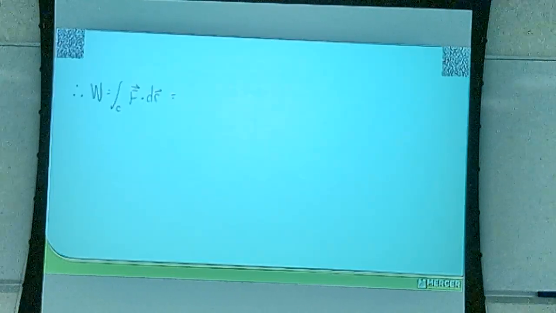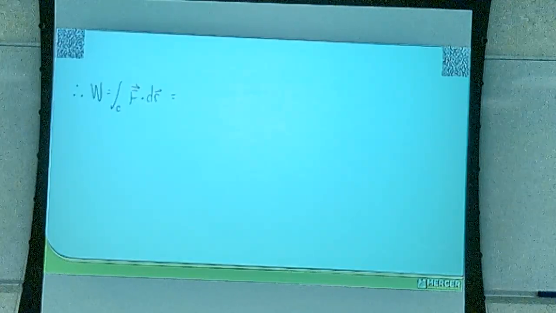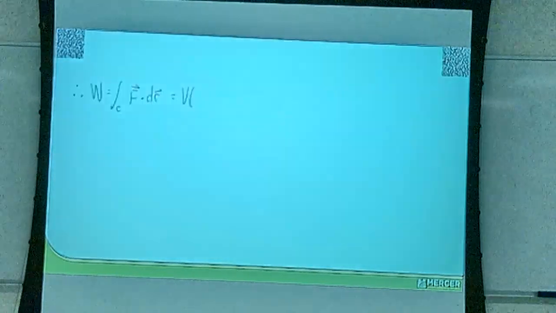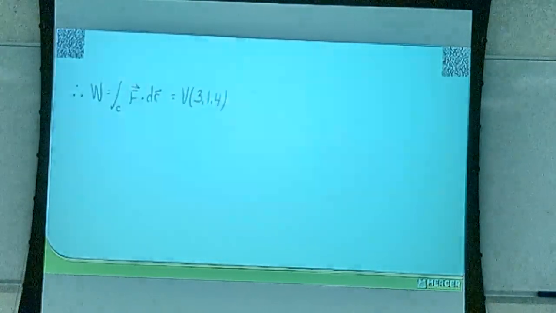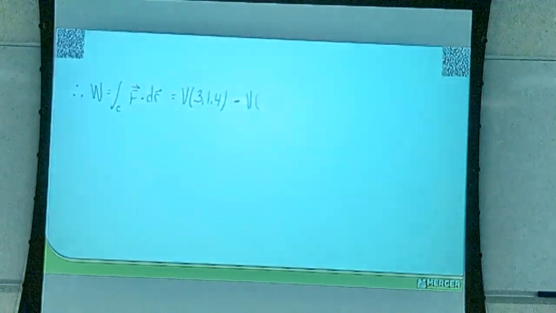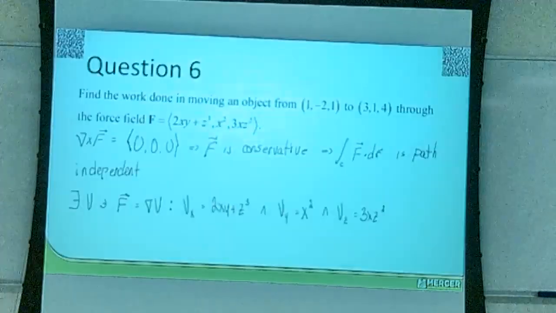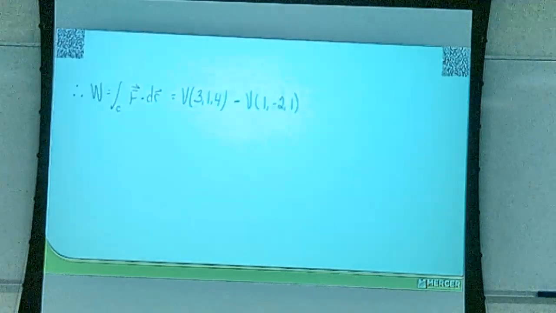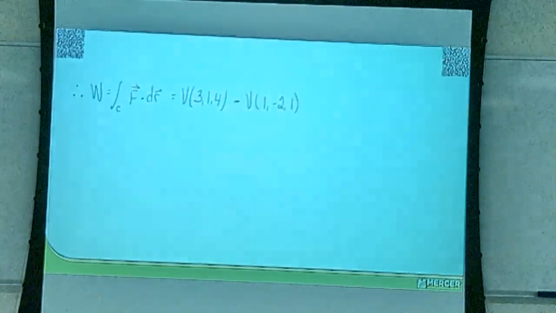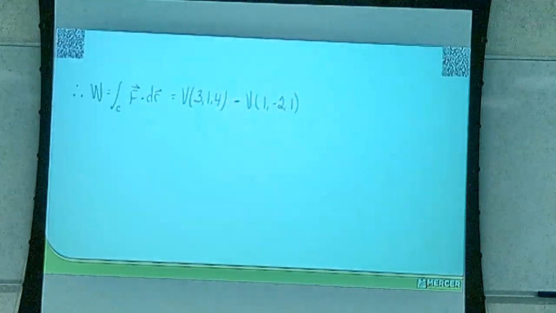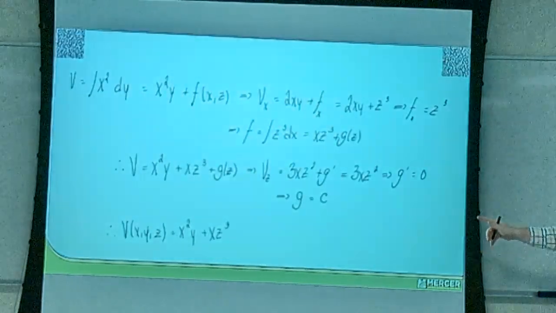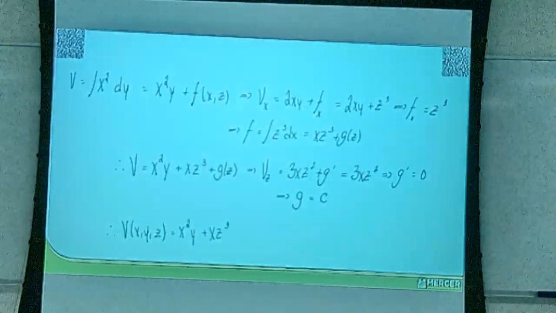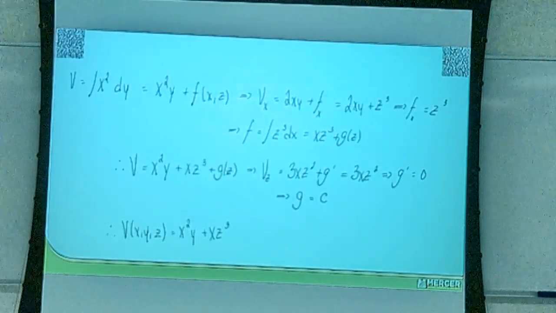So we need to evaluate v at the terminal point, which was what? (3, 1, 4)? Then subtract v evaluated at the initial point, (1, -2, 1). V at (3, 1, 4) is what?